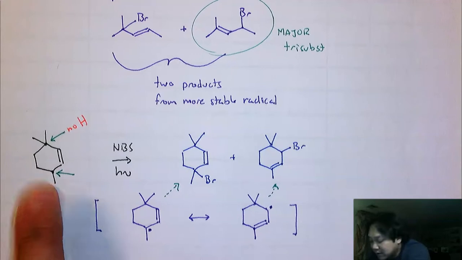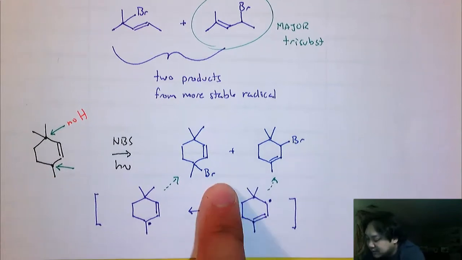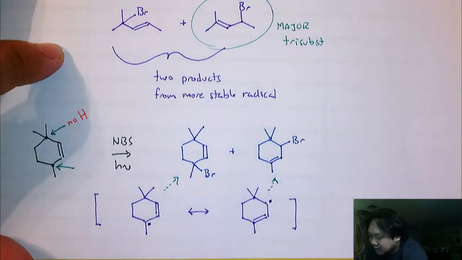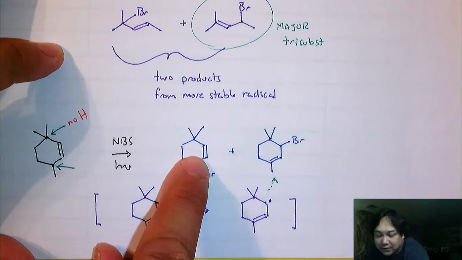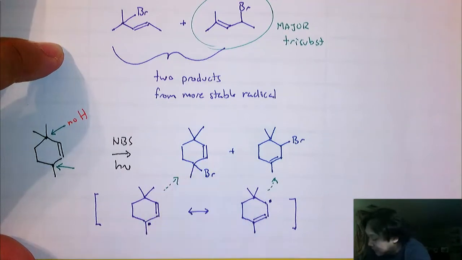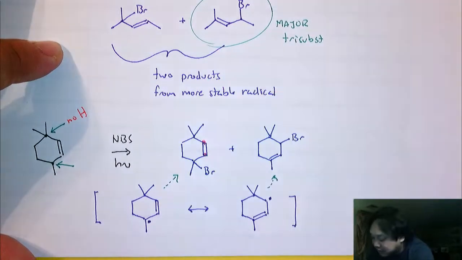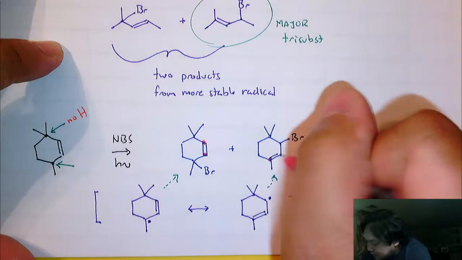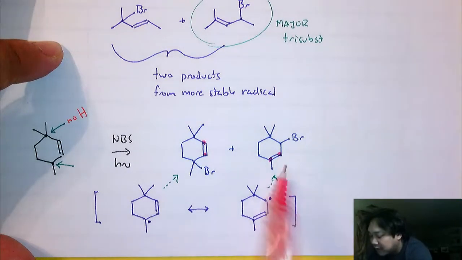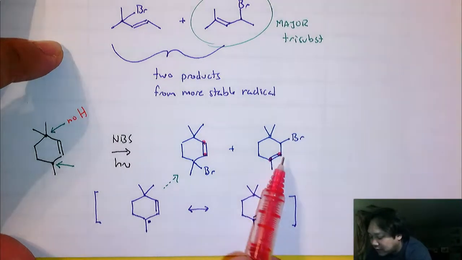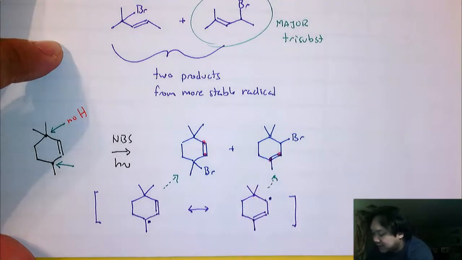Those are your 2 products, and do we have a clear winner? This alkene is di-substituted. Put your pink dots. 2 groups, 2 hydrogens. This one on the right is actually tri-substituted because we only have 1 hydrogen and 3 groups coming off the pink dots.